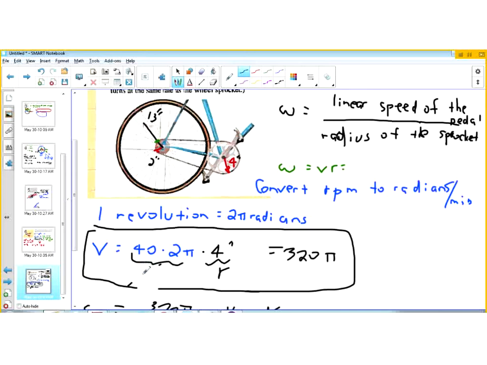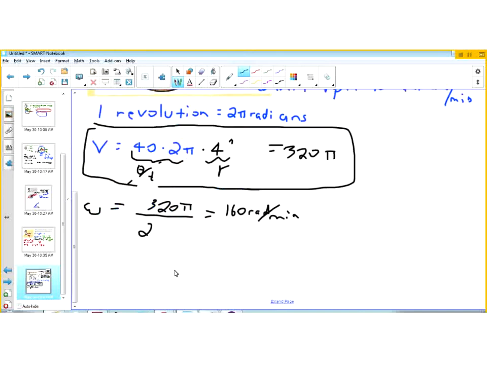And this quantity right here is theta over t. Okay, so that's the answer to part A, the angular speed of the wheel sprocket, determined essentially by the angular speed of the pedal sprocket. Now the B part is: find the speed of the bicycle.